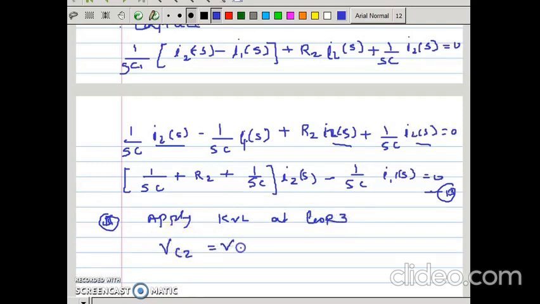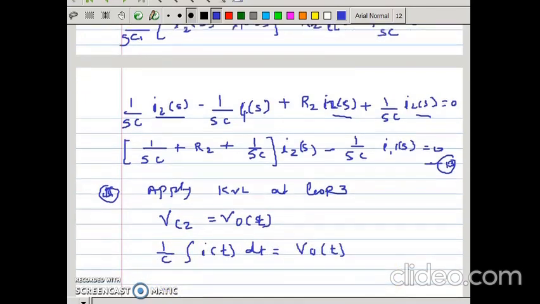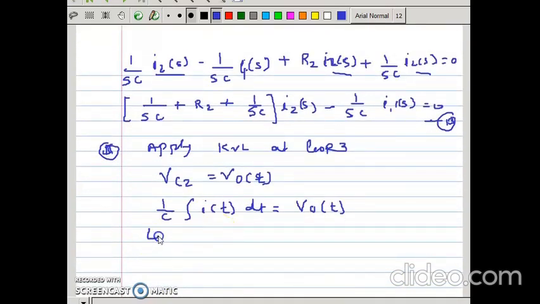What is the voltage across the capacitor? It is 1 upon C2 integration of I2 of t dt equal to Vo of t. Now taking the Laplace transform on both sides, 1 upon sC2 I2 of s is equal to Vo of s.